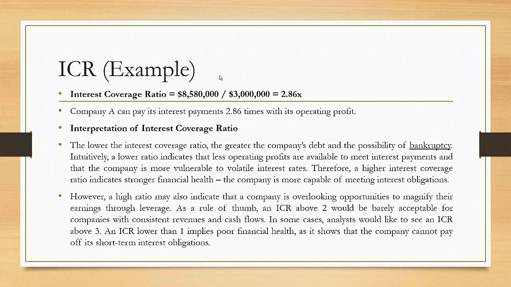So here, for example, I have mentioned these amounts: earnings before interest and tax, which is 8.58 million, and the interest payment is 3 million, and the answer is 2.86. So meaning that the company can pay its interest payments 2.86 times with its operating profit.